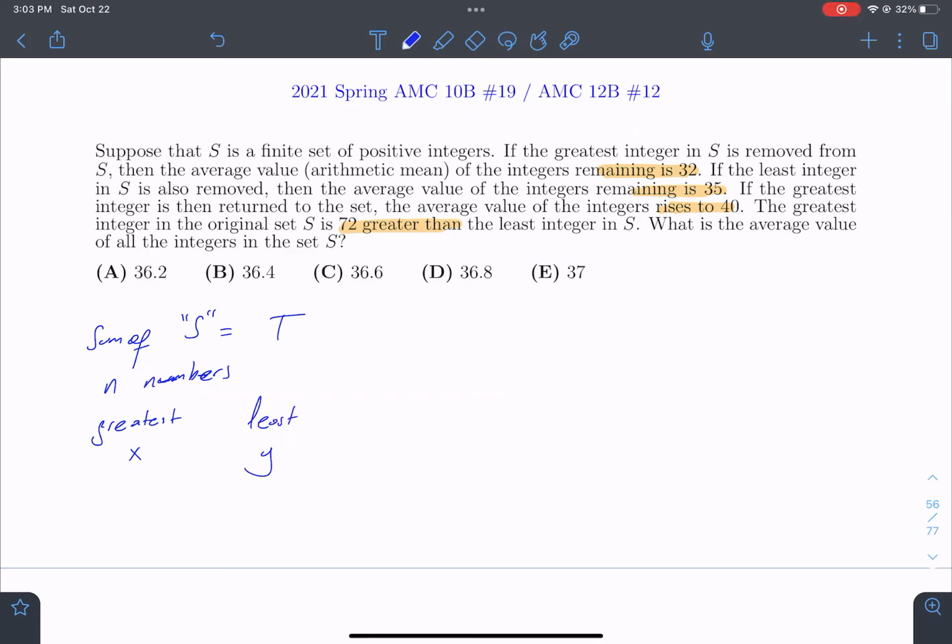Then we are going to write some equations. Let's write the first equation. We remove the greatest integer, which means (T minus x) divided by (n minus 1) is equal to 32, the average. That's our first equation.